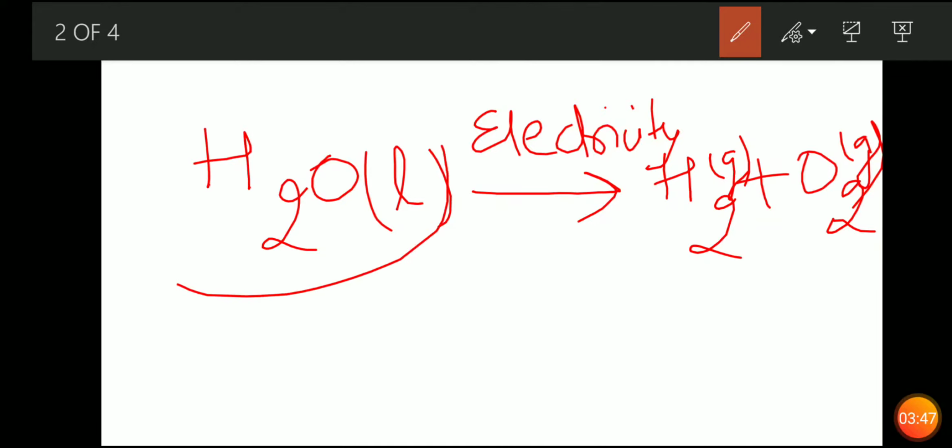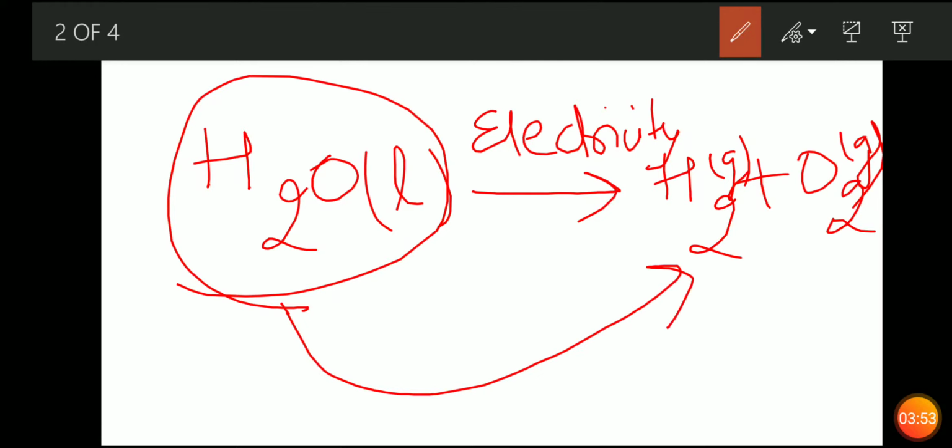So when we supply electricity to water, that is H2O, it gives you hydrogen gas and oxygen gas. So this is known as electrolysis. That's why you have seen that whenever water is poured on the electric switches, it shows current. It was all because water gets broken down and it conducts electricity, giving you an electric shock.